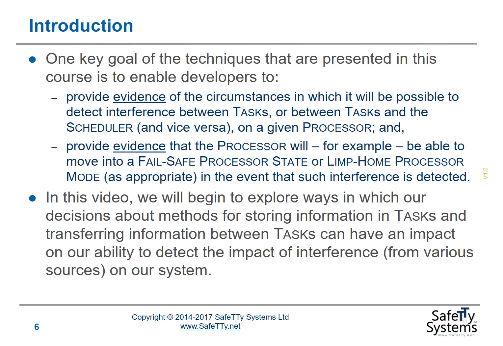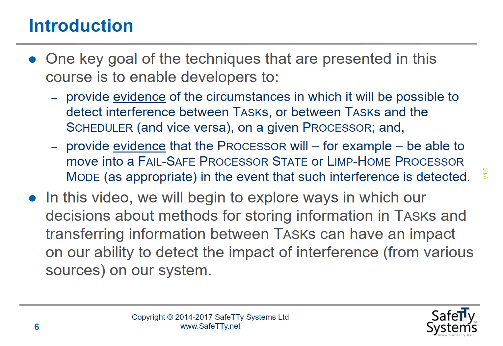One key goal of the techniques presented in this course is to enable developers to provide evidence of the circumstances in which it will be possible to detect interference between tasks, or between tasks and the scheduler and vice versa, on a given processor. It is also to provide evidence that the processor will be able to move into a fail-safe or limp home processor state, as appropriate for the application, in the event that such interference is detected.